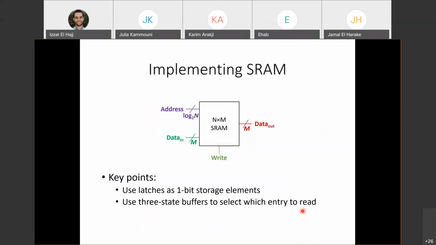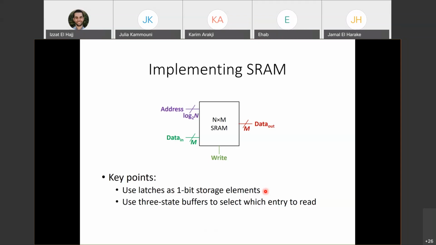So we looked at how to implement SRAM, and the key differences between implementing SRAM and register files were first that we used latches instead of flip-flops as one-bit storage elements, and this is what enabled us to store data using less hardware in SRAM. But because we're using latches instead of flip-flops, we were not able to read and write on the same cycle because the latch will update as long as the clock is 1, not just on the active edge.